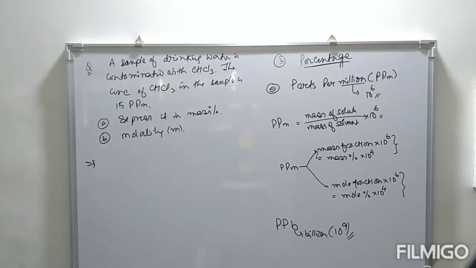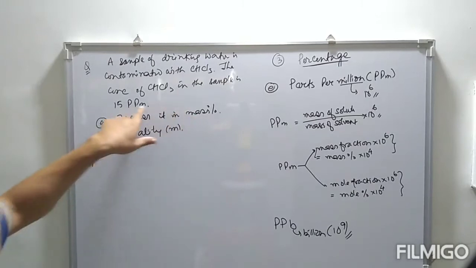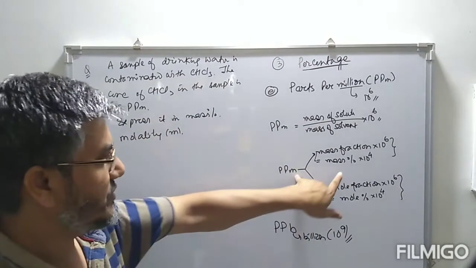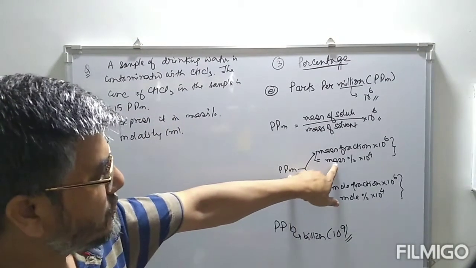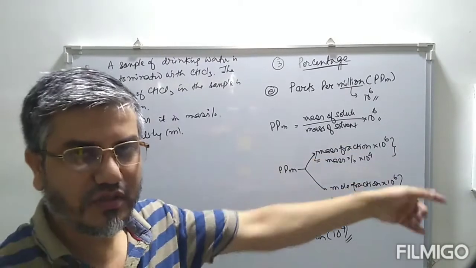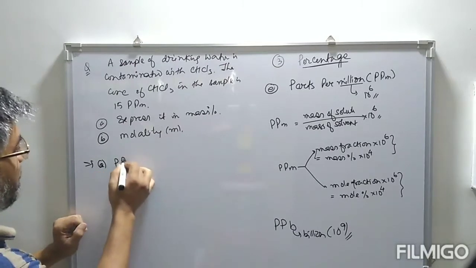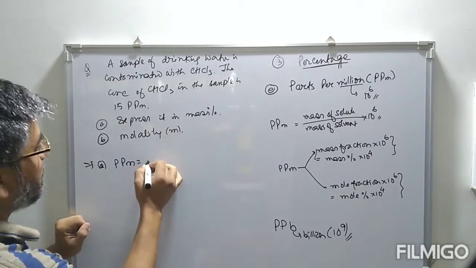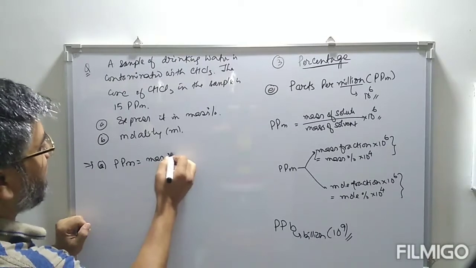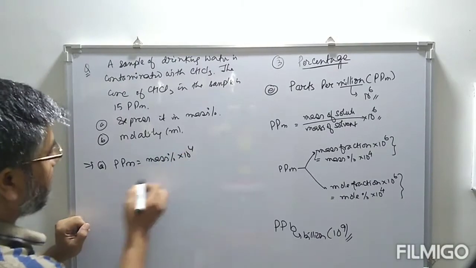Now first we have mass percent and ppm, and the relation is here. ppm is equal to mass percent into 10 to the power 4.